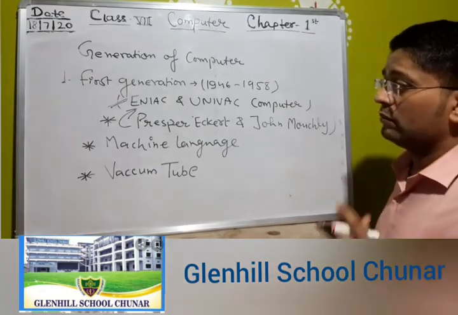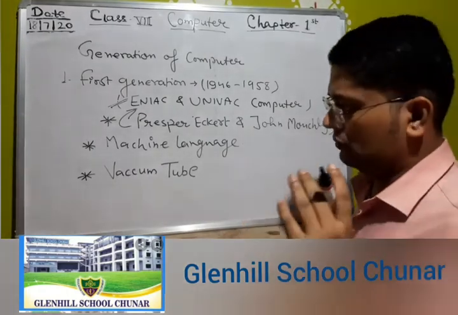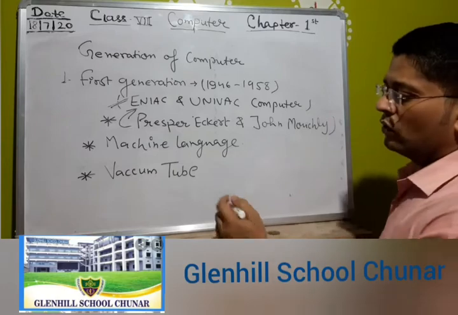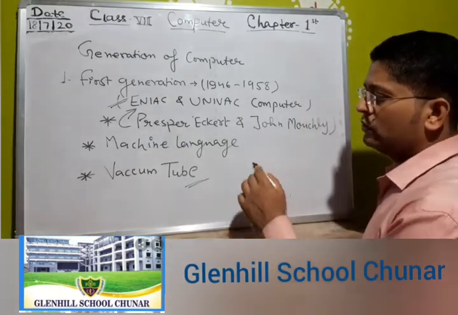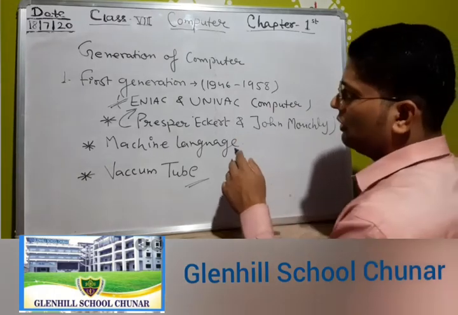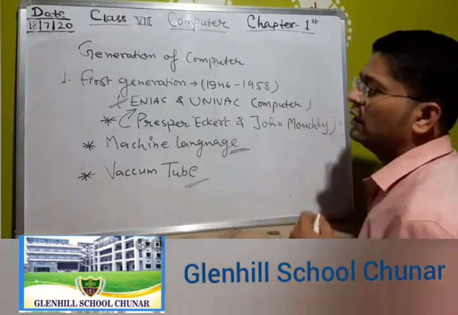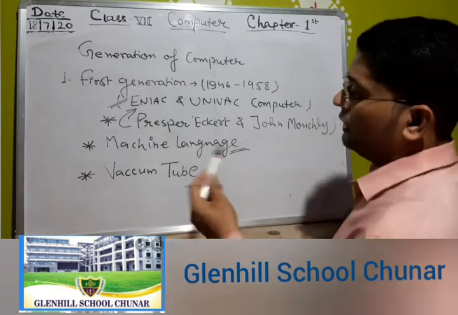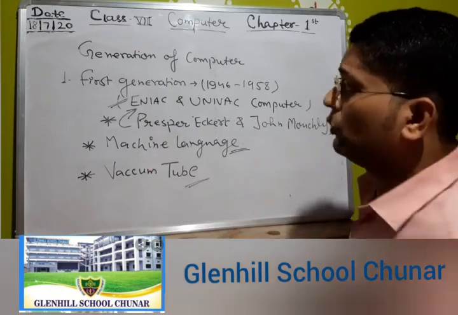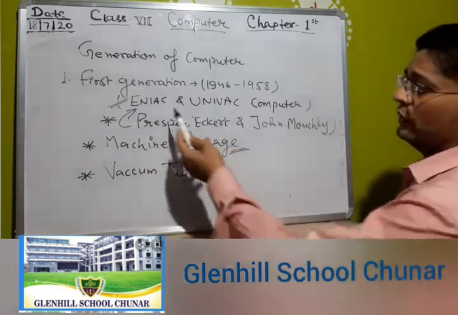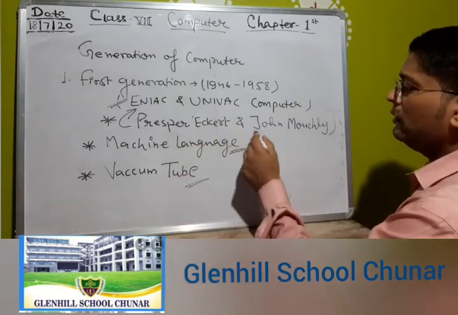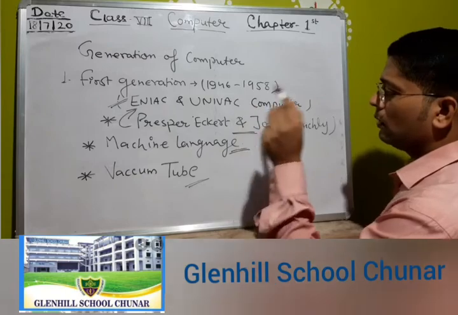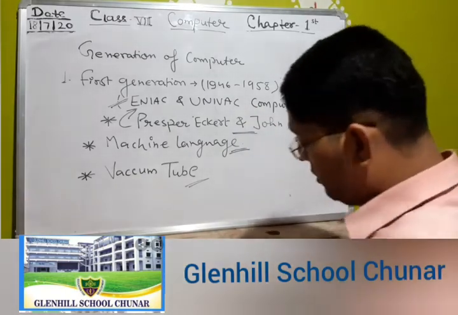Here are three main things. First, which electronic component was used? Vacuum tube. Which language was used in the first generation? Machine language. And the computer names: ENIAC and UNIVAC, developed by Presper Eckert and John Mauchly.